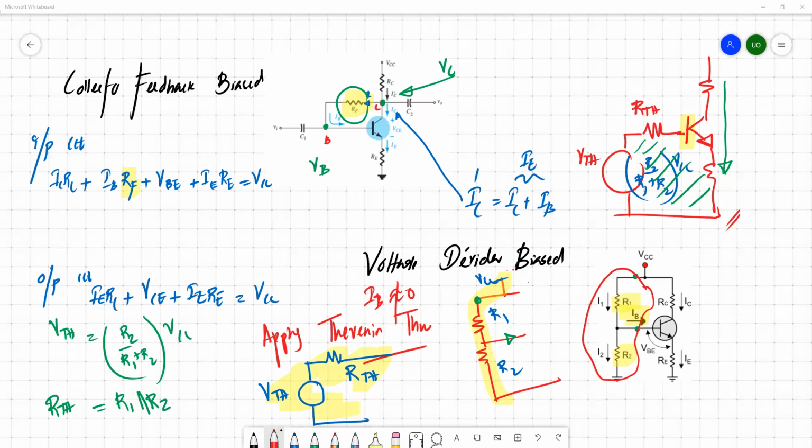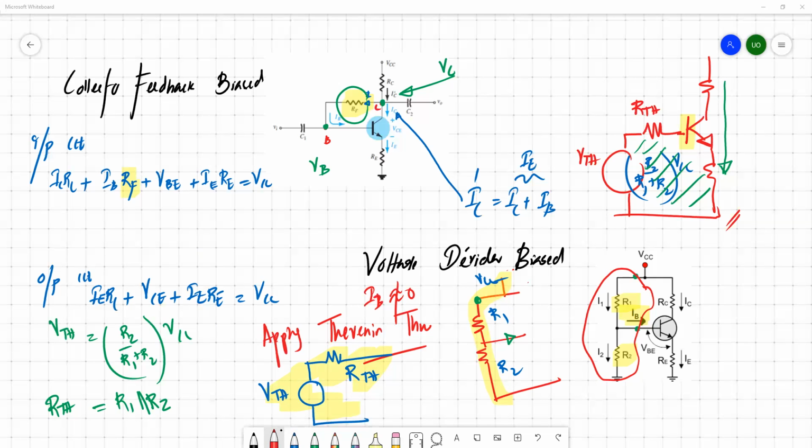Either you can use fixed bias, emitter bias, collector feedback bias, or voltage divider bias. The first one is a very simple way of biasing, and that configuration is mostly common in switching circuits, but the rest of the three configurations we basically use to design amplifiers.